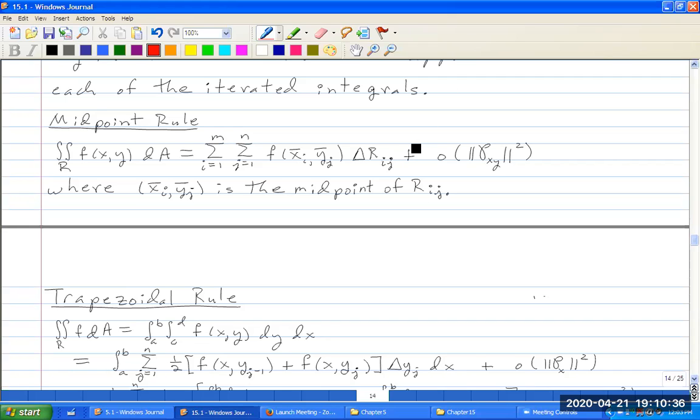And this is going to be correct up to little o of the square of the mesh of your partition.